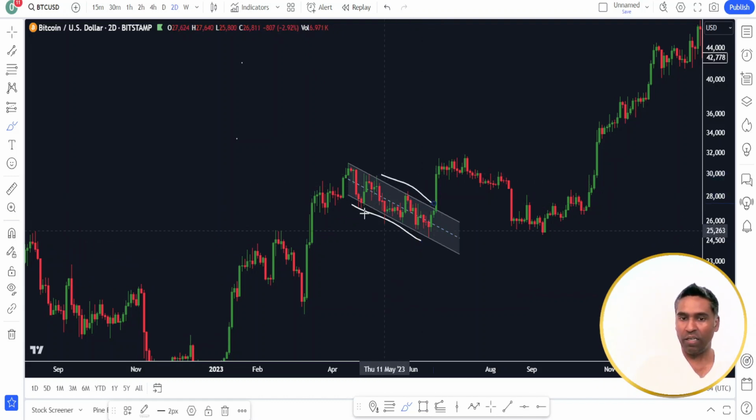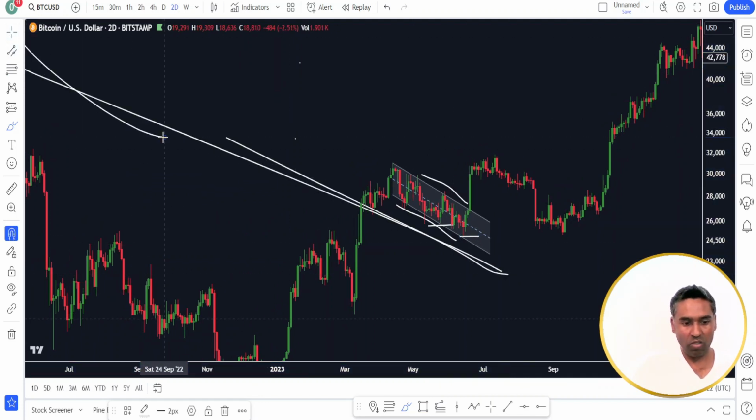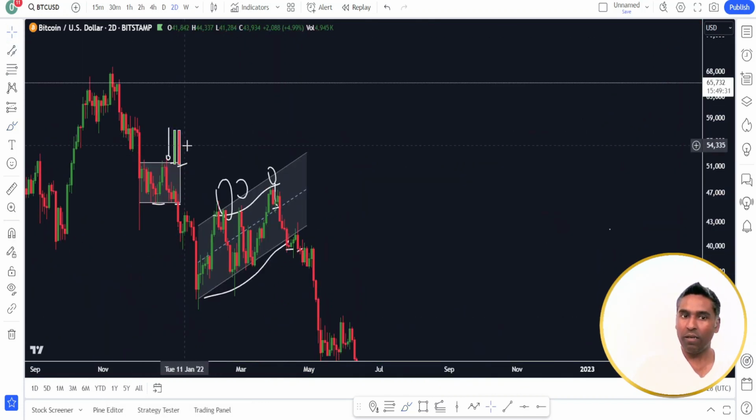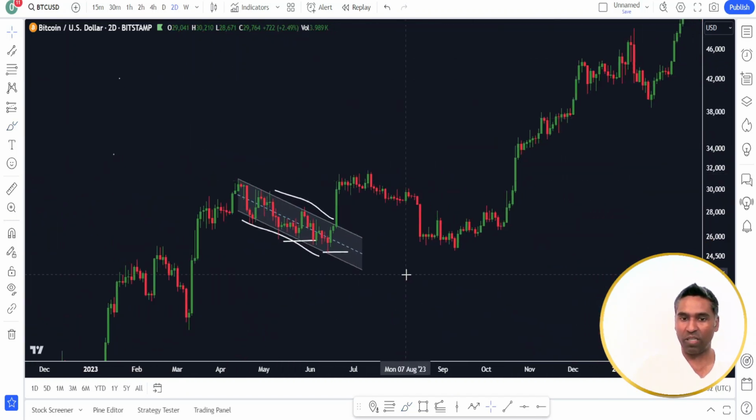So in this case, when we enter on a pullback strategy, we have to see some candlestick patterns here, the same candlestick patterns we have seen here. We have to look for a shooting star, an engulfing pattern, or some wicks around these areas.